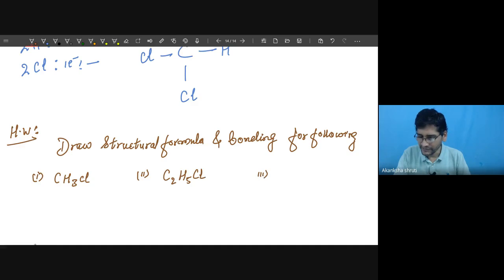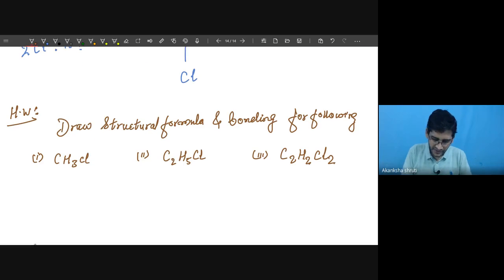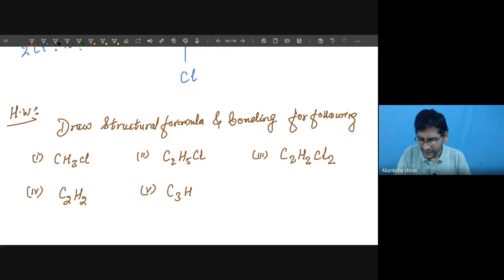The third one, C2H2Cl2. This you have to draw. The fourth one, C2 and H2. Whether this is possible or not, you have to draw. It will be alkene. I may discuss it next. Then draw C3H4.